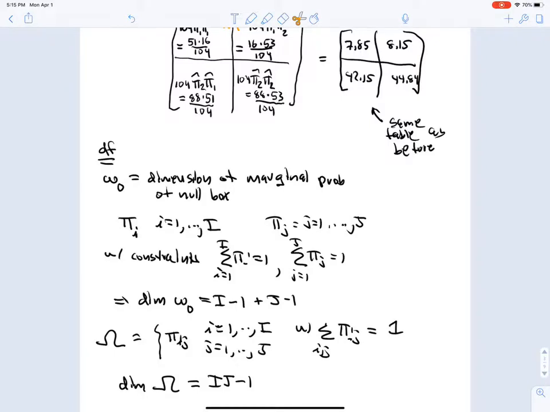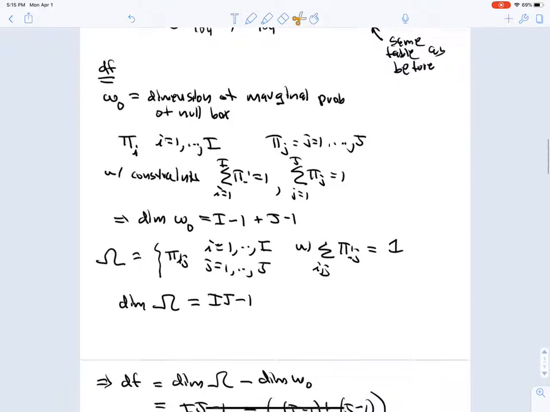Well, we have all of our marginals, so we would have I plus J marginals, but we have two constraints, namely the sum of the pi i's add up to 1 and the sum of the pi j's add up to 1. So we have I plus J minus two constraints, or I minus 1 plus J minus 1.